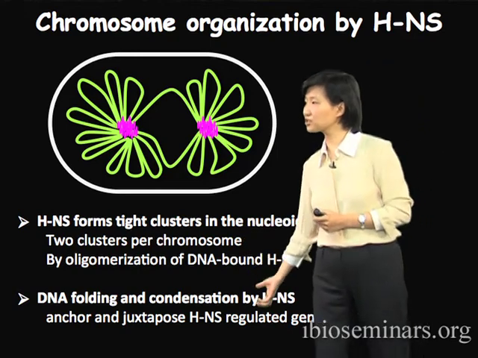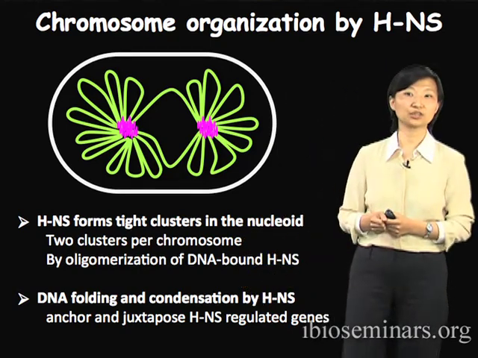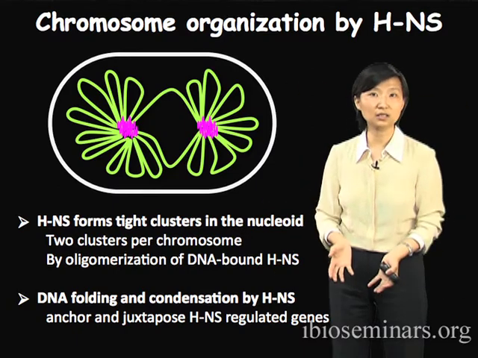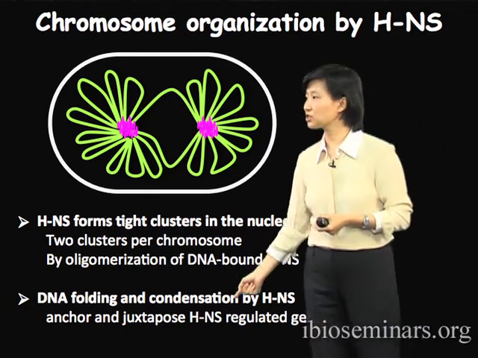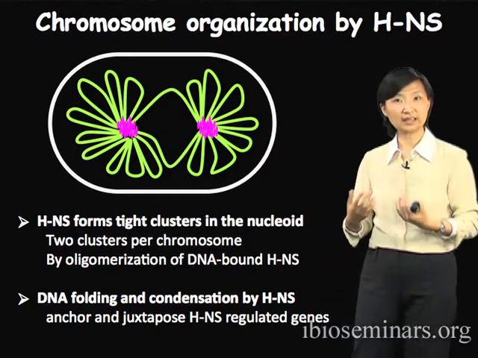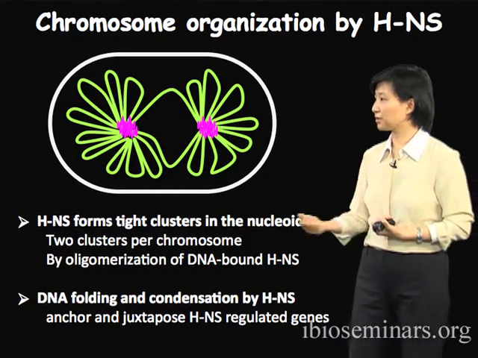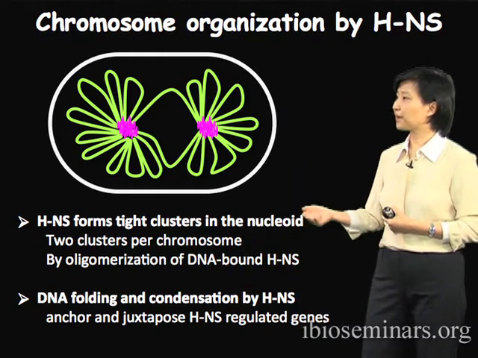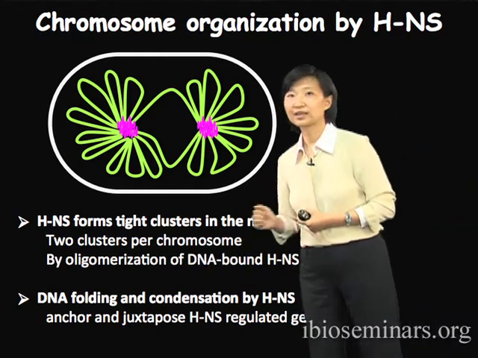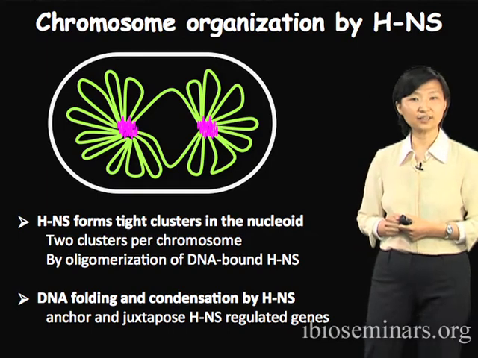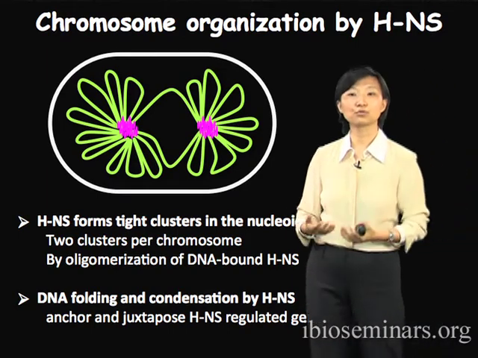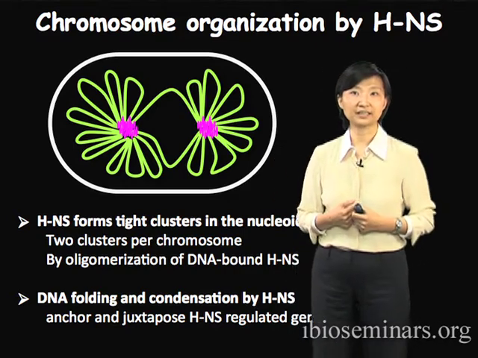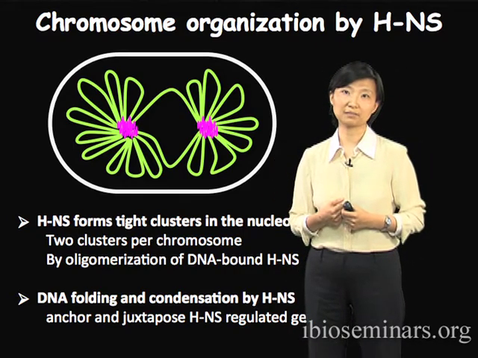By sequestering many gene loci or DNA loci broadly distributed on the chromosome into these tight clusters, we think that this molecule helps DNA folding and condensation by serving as organization centers that anchor and juxtapose numerous HNS binding sites on the bacterial chromosome.